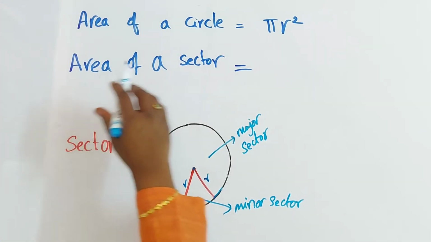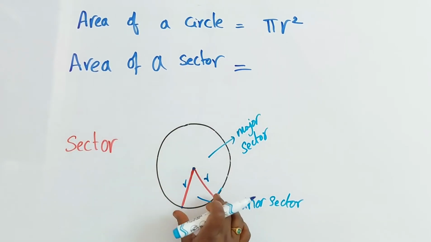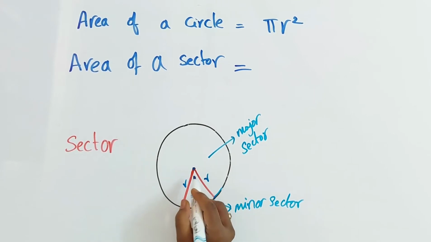We know that area of a circle is pi r square, children. Now area of a sector. When the measure of the angle at the center is theta, think this angle is theta, children.